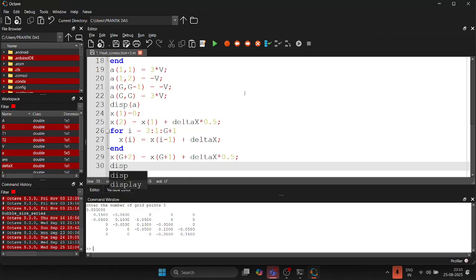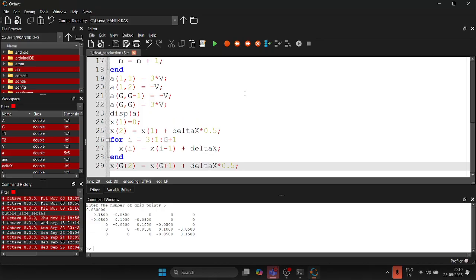So for example, if I display this, the number goes to g plus 2 since there are g cell centroids. We have the coordinates of the g cell centroids, and plus 2 since we want to take the locations of the east face and the west face also, which are x equal to 0 and x equal to 1.